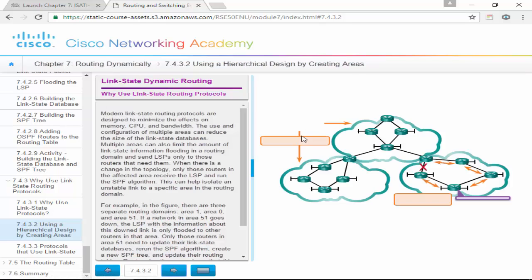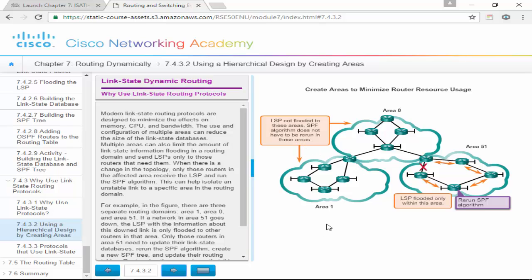Using a hierarchical design and creating areas. All they're saying is we build areas. Area 0 in OSPF is known as the backbone. Everything has to connect to it. And what this does is if there's a failure in an area, it's contained in the area and you don't lose your entire network. And so it makes your network have a large uptime. That's all they're trying to say.